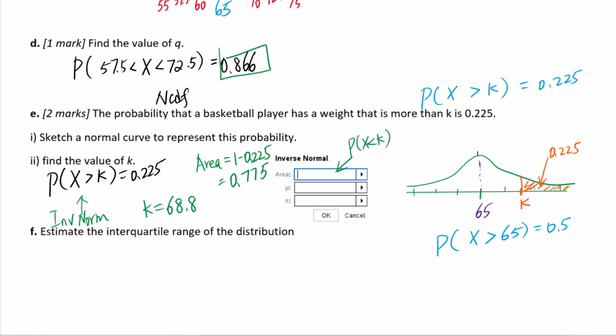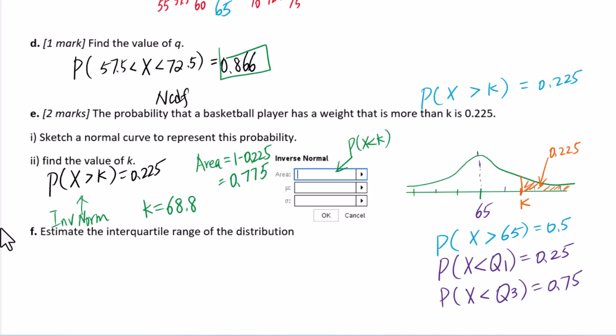F. Estimate the interquartile range of the distribution. We know these facts about normal distribution. Probability of X less than first quartile equals 0.25. Probability of X less than the third quartile is 0.75.